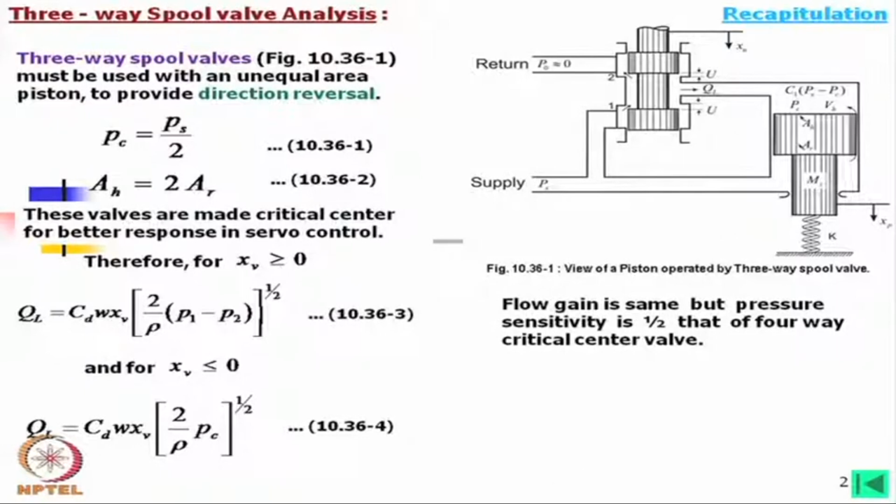Now, flow gain is the same, but pressure sensitivity is half, in that way for the 4-way critical center valve. If we recall the 4-way valve analysis and compare the 3 different valve coefficients, then the flow gain coefficients show that here the pressure sensitivity is half, whereas the flow gain will be the same as that of the 4-way valve.